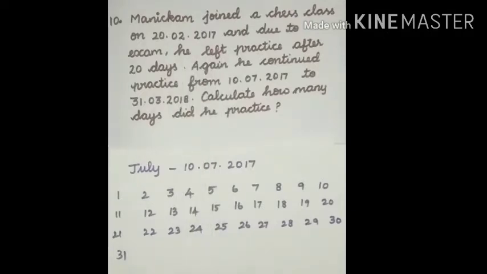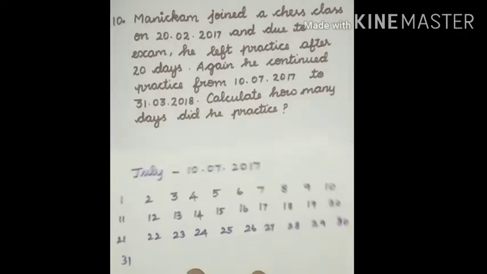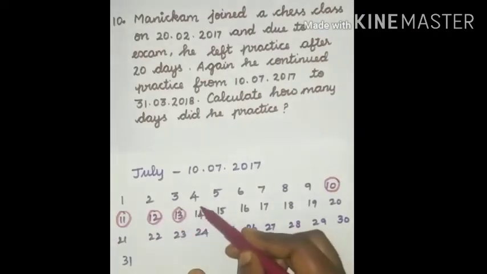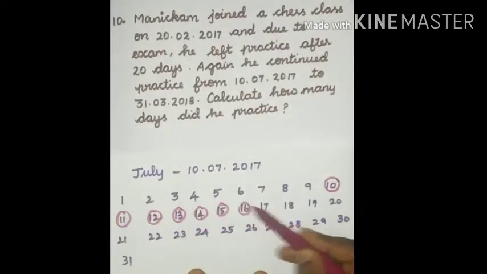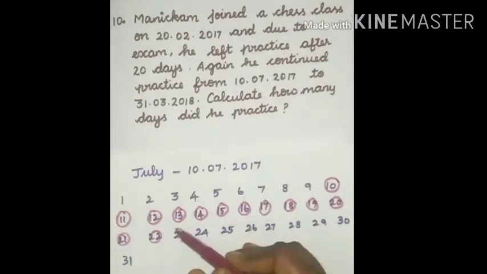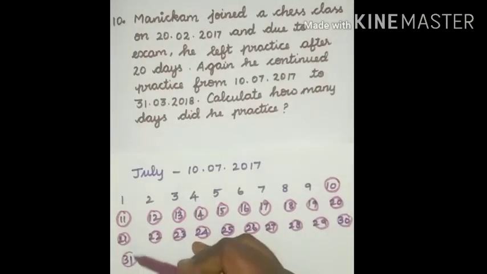First we have to find in July month how many days did he practice. In July month he started practice from 10. So 1, 2, 3, 4, 5, 6, 7, 8, 9, 10, 11, 12, 13, 14, 15, 16, 17, 18, 19, 20, 21, 22.